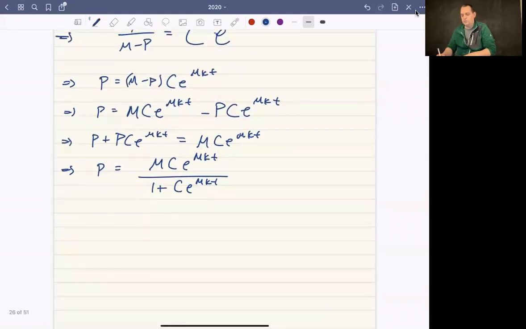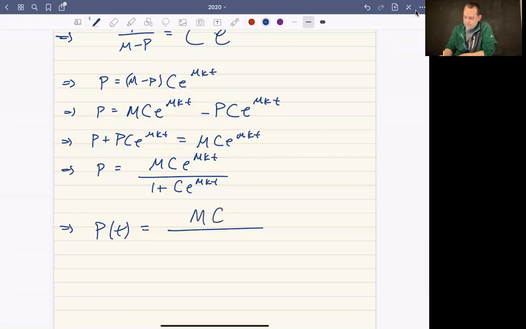And I actually want to do just one more thing here, just because this will make it a little bit easier to work with. I'm going to divide top and bottom by the exponential term. So we're going to end up with p is mc over, let's see, e to the minus mkt plus c.